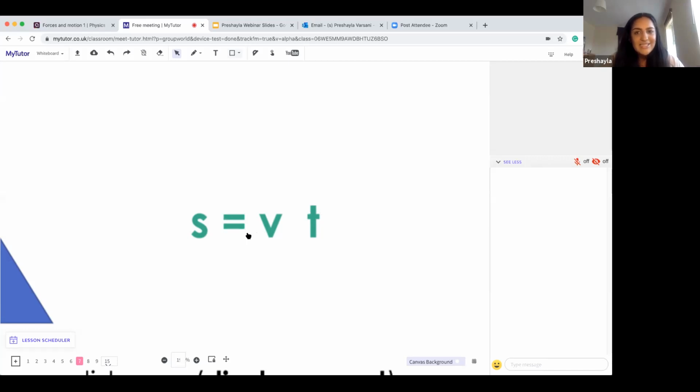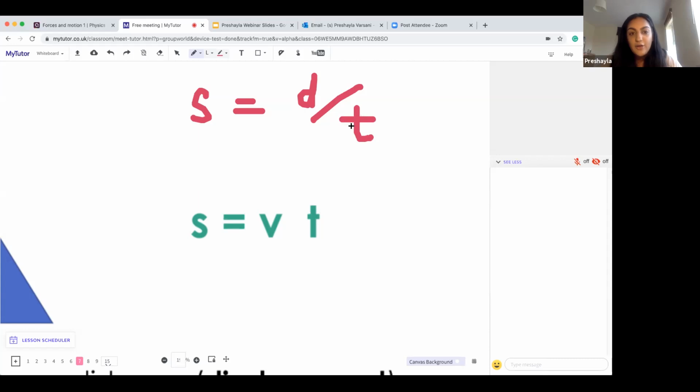So this is a really weird point in physics. What you're used to seeing is speed equals distance over time, with all the correct letters that show the beginning letter of the word. That all works. But now what they've done is they've changed the letters round and made us pretty confused.